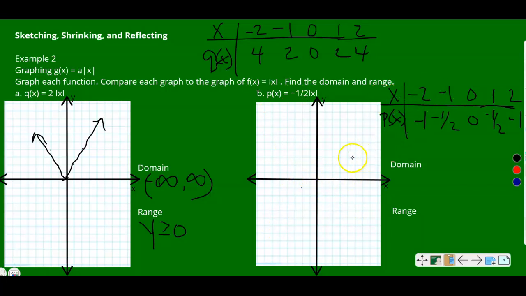All right, so negative 1 and negative 1/2. 0, 0. 1 and negative 1/2. And 2 and negative 1. And if you want your V to get larger, all you have to do is pick more points to the left and to the right of the vertex, and you would have more points to graph that V-shaped graph.